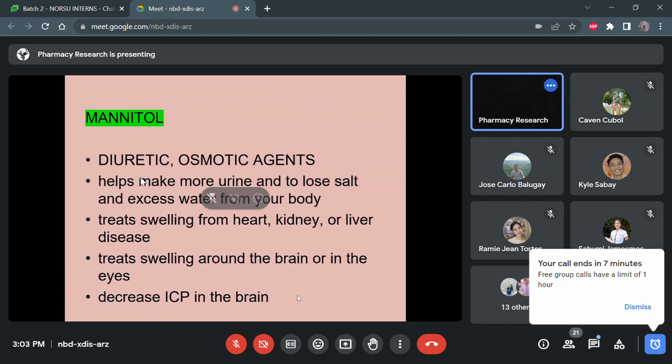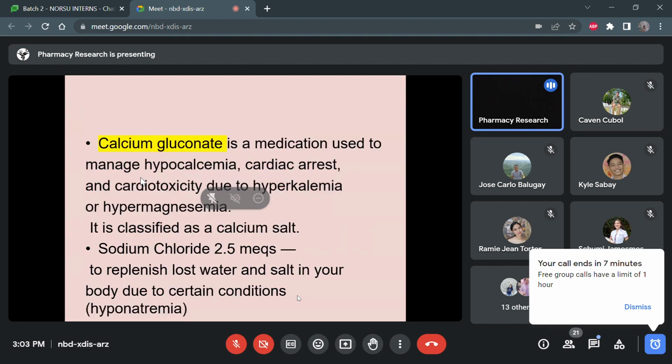It is an osmotic agent that decreases the intracranial pressure in the brain. Next is calcium gluconate. Its uses are to manage hypocalcemia, cardiac arrest, and cardiotoxicity due to hyperkalemia or hypermagnesemia.